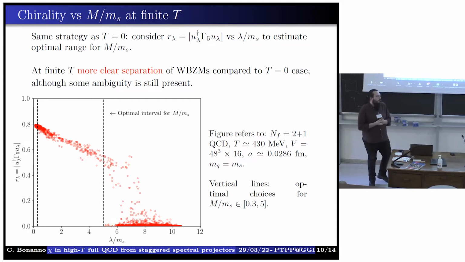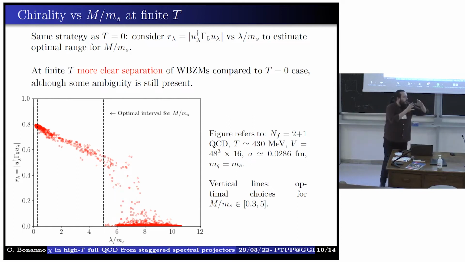and a cluster here with small chirality, smaller than 0.05 almost. However, we also have a sort of limbo in between, with quite some modes which are not clearly falling into one class or the other.